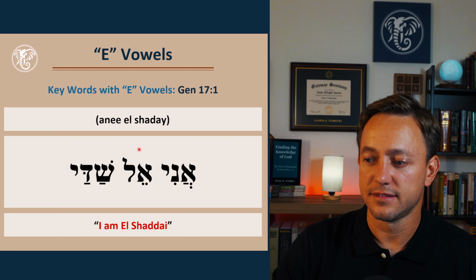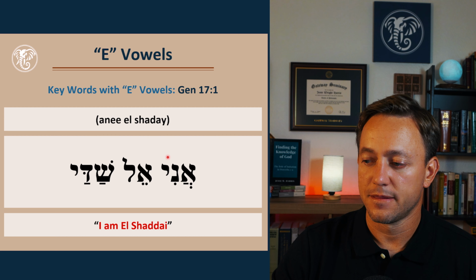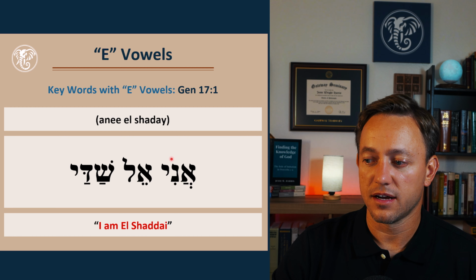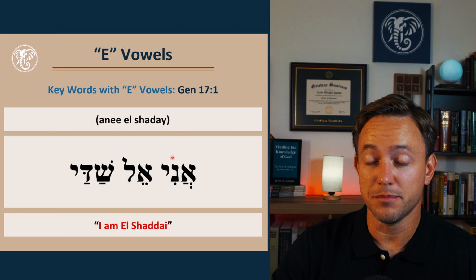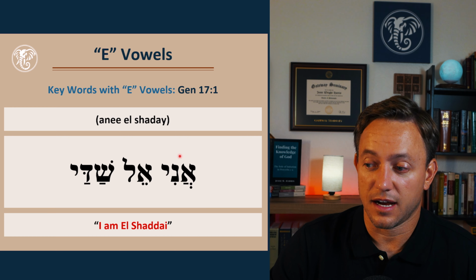Ani El Shaddai. So we have Ani El Shaddai. So Ani is the word for I, like the pronoun, me, I. So you can even introduce yourself as Ani, right?